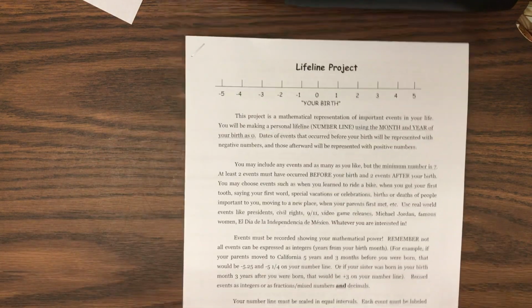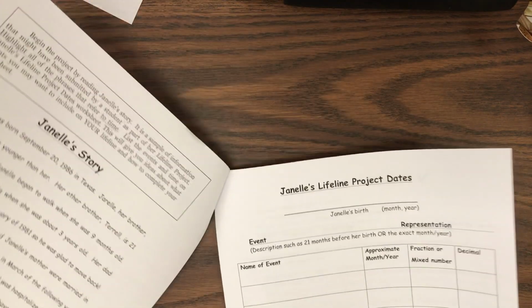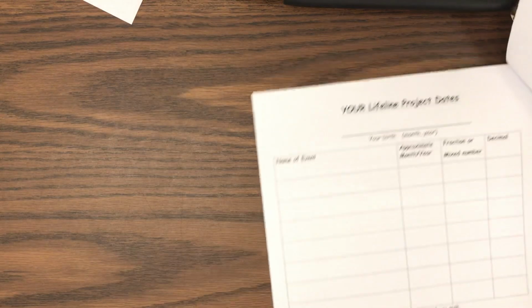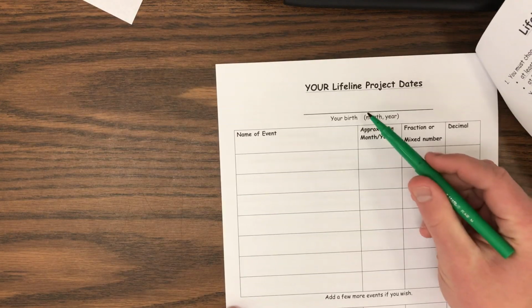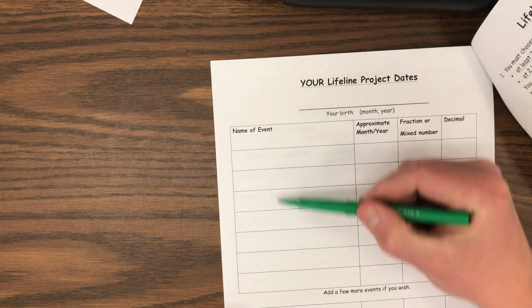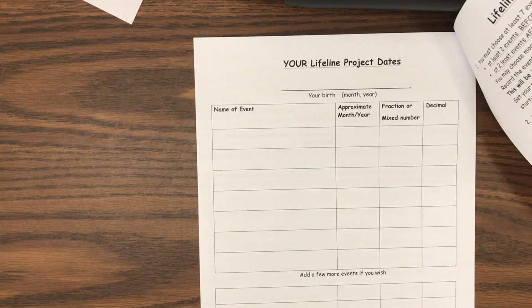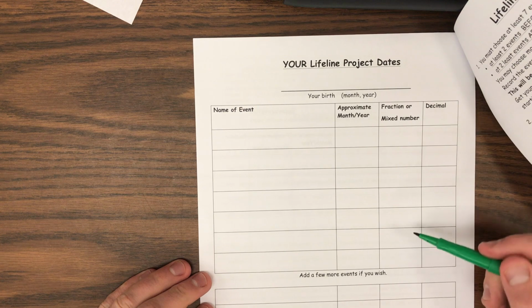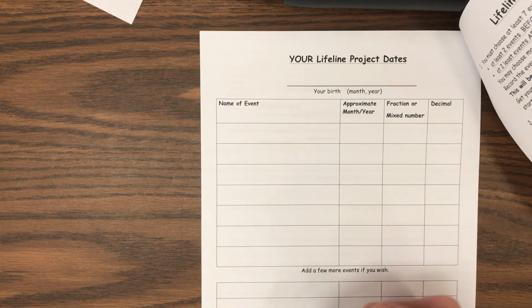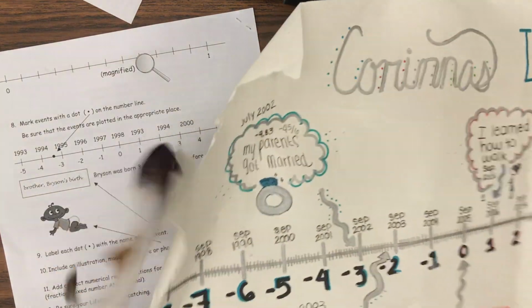All I expect from you the day you come back from class is you've completed this page, the one that says your Lifeline Project dates. You put your birth month and year here. You list out your events, some of which are from before your birth, some of which are from after. You show your math and your numbers here. Here's some more space for extra events if you want. And then you give me your nicely done Lifeline poster that looks like this.